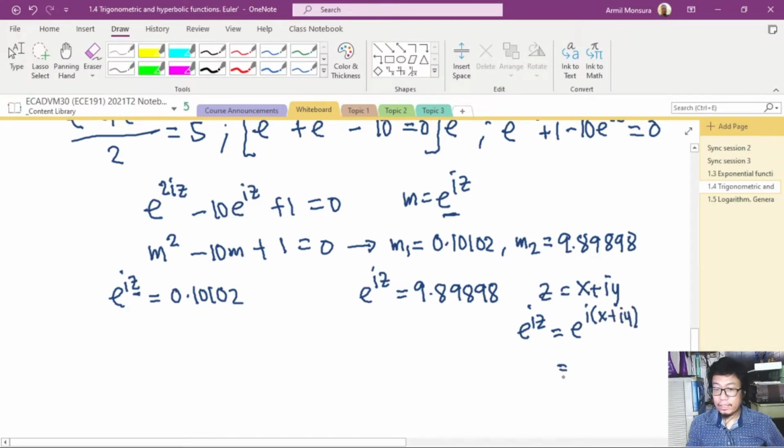This should become e raised to ix, and i times i is i squared, which is negative 1, so that becomes minus y.